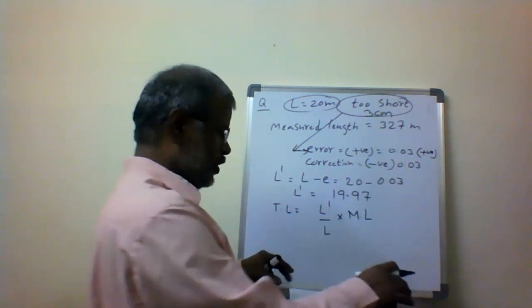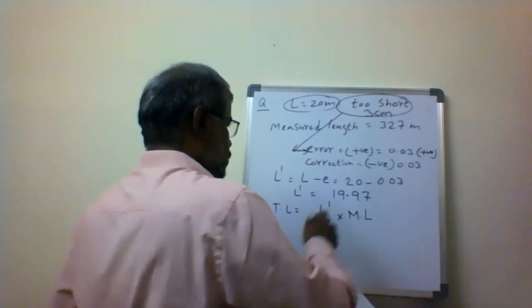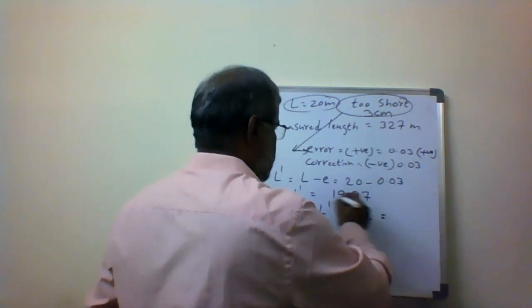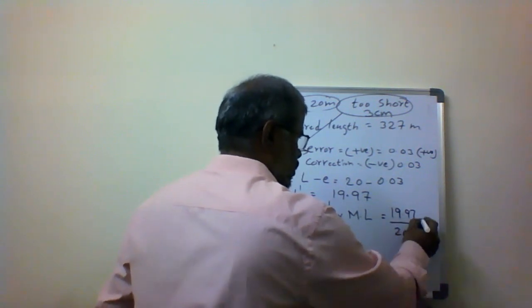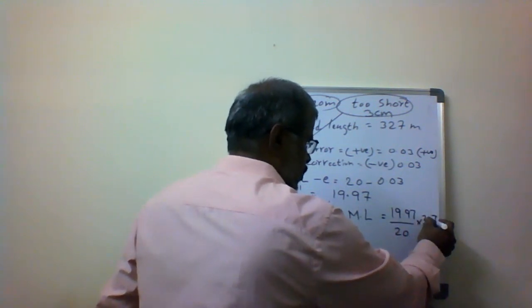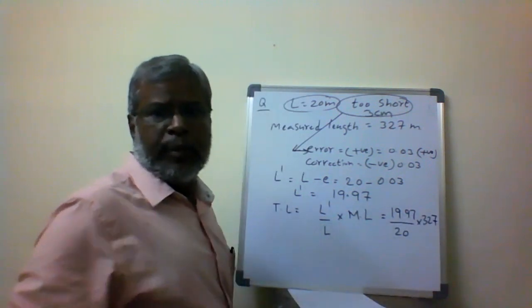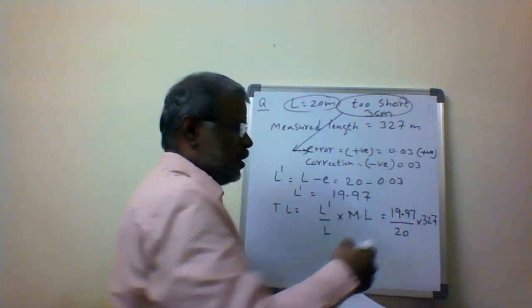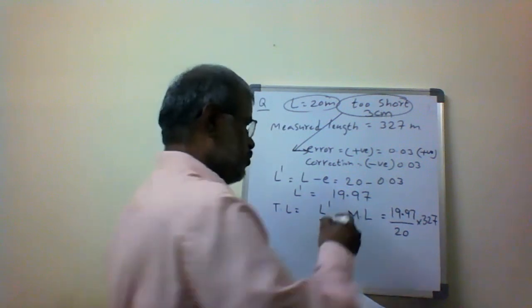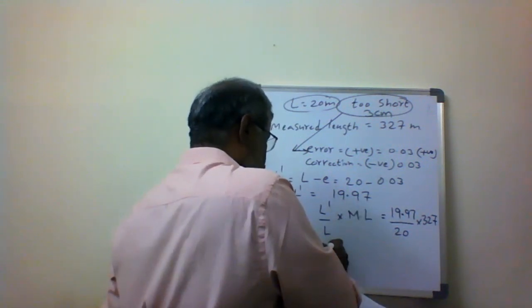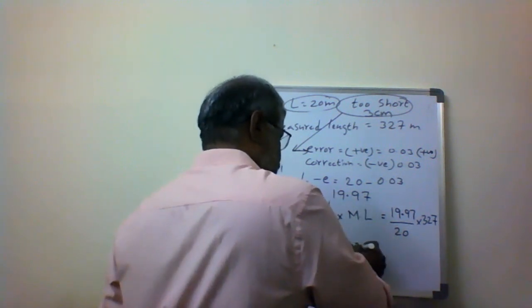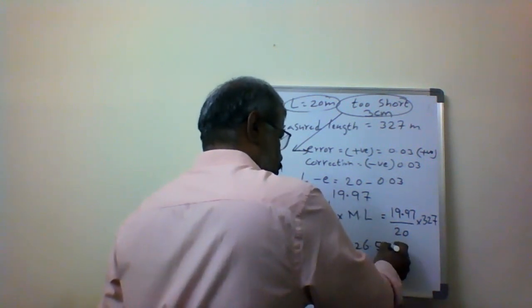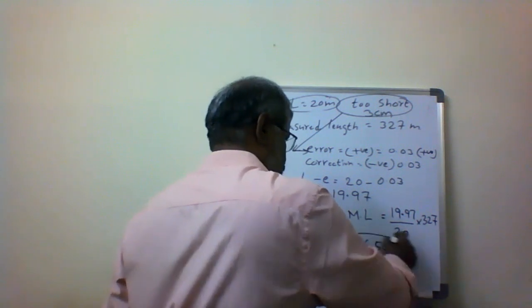L dash is 19.97 by L is 20, into 327. So my true length equals 326.509 meters.